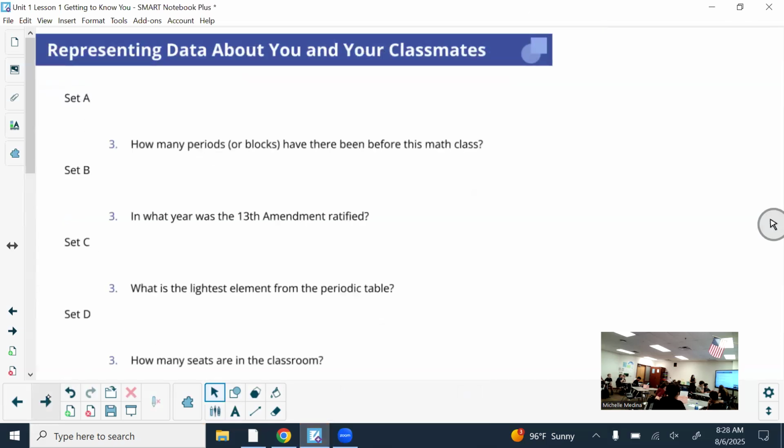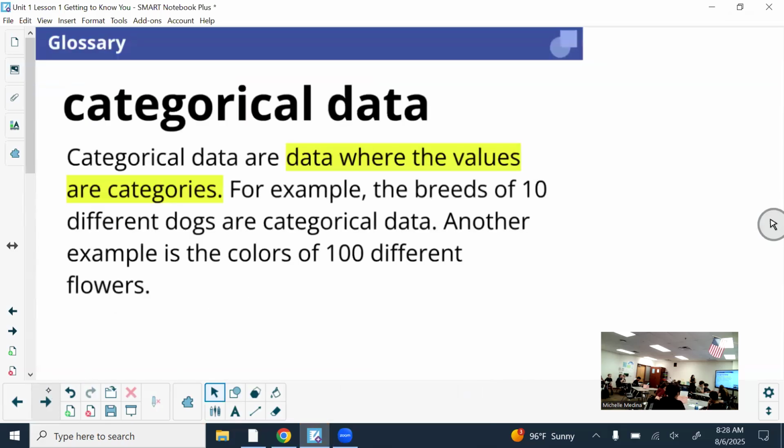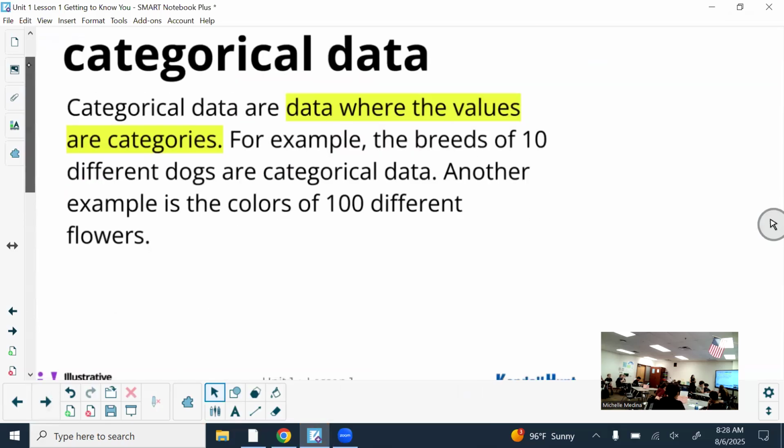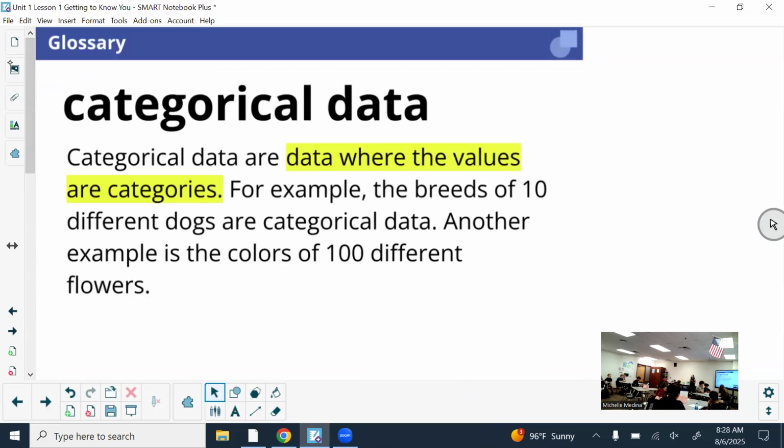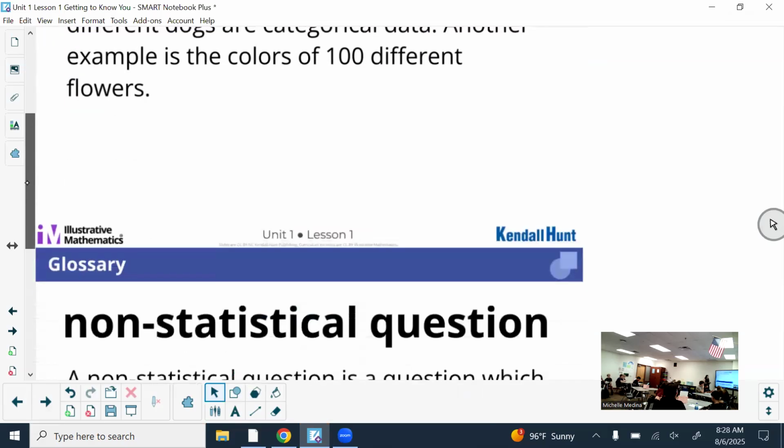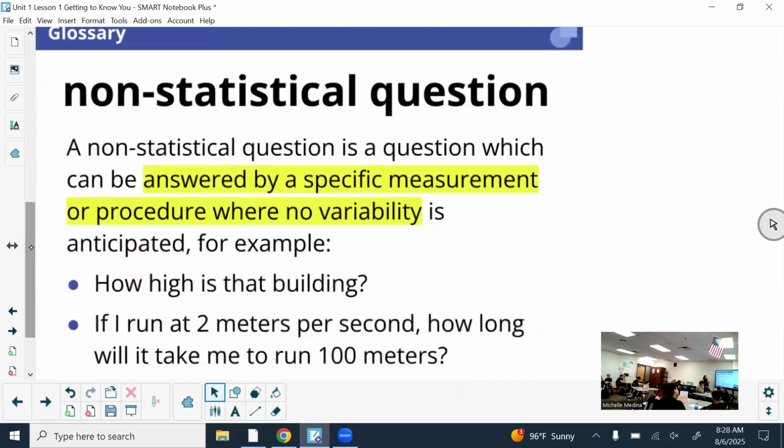Usually there's vocabulary in each lesson. We don't spend time usually writing it out unless it's super important that you know the exact definition. There's going to be lots of different things we discussed today as far as vocabulary. A non-statistical question is what seems to be coming up a lot in our warm-up.